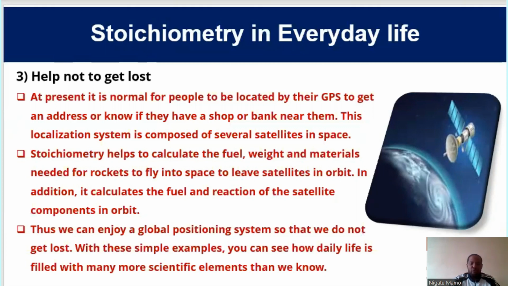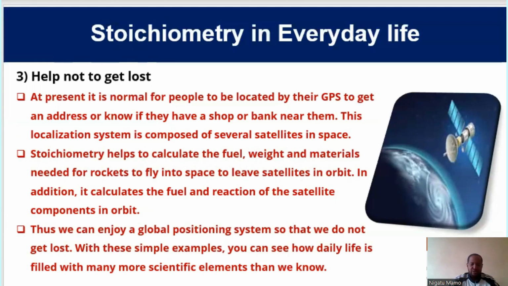Stoichiometry helps us to calculate the fuel, weight, and materials needed for rockets to fly into space, to leave satellites in orbit. In addition, it calculates the fuel and reaction of the satellite components in orbit. Thus, we can enjoy a global positioning system so that we do not get lost.